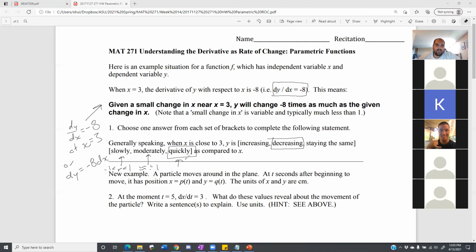And quickly, I mean, that's a pretty steep slope, especially when you're comparing it to plus or minus 1. Yeah, that's the context that I was thinking, but I just wanted to make sure. And presumably it's not exactly 1. It's a judgment call, like 0.8 to 1.2 is probably going to be moderate. That's why this question is, I mean, imprecise for sure. But the really important thing we know is that in this vicinity, the slope we have is -8.